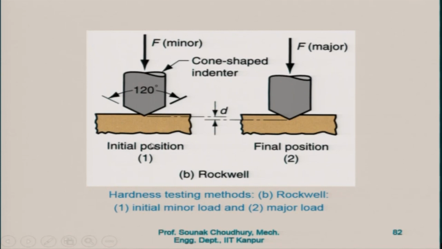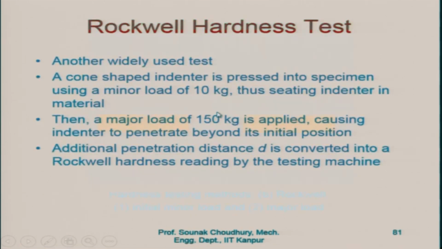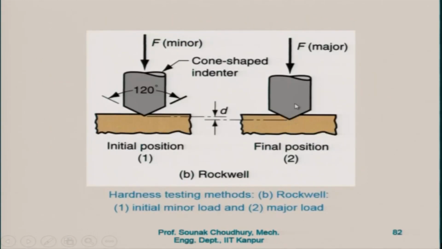Here in the diagram it is shown that the cone shaped indenter is a standard cone which has an angle of 120 degrees, and this is the initial position where we have given a small load of 10 kilograms, so that an indentation is made, and then the final load of 150 kilogram is applied, so that it goes further.